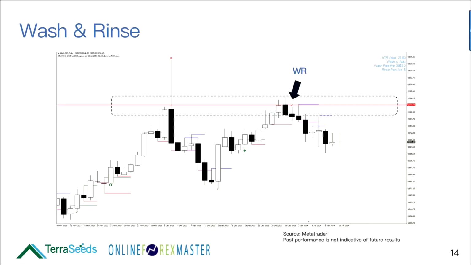They are all the day and the week time frame, because wash and rinse works so much better in the week and the day because of the amount of money involved there. Okay, I explained that in the last session already. You can refer back to the previous one, but the candles here, wash and rinse, are all identified in the higher time frame. Okay, because I trade multiple time frames.